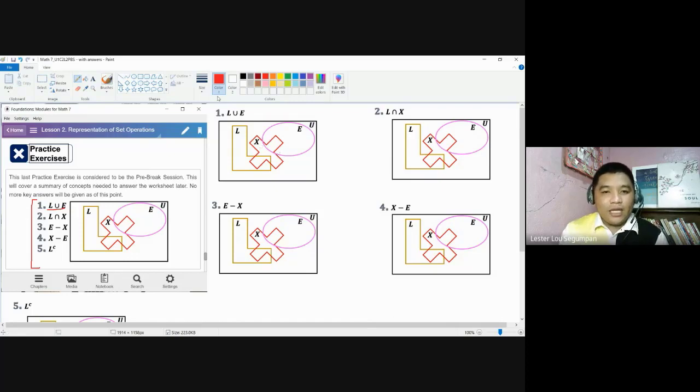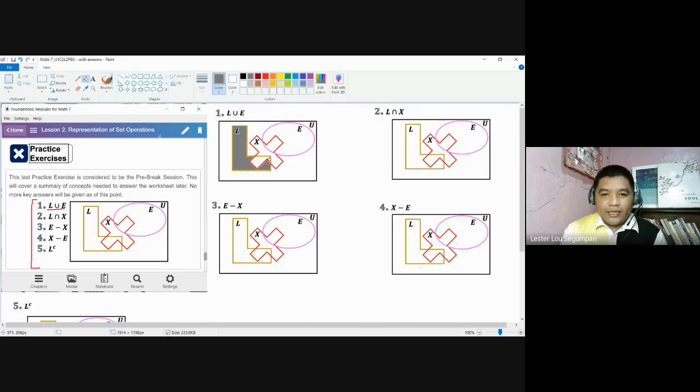So if we talk about the union of set L and set E, let us try to shade the parts of set L, regardless of whether it's part of another set. So set L here is actually this part here, okay?